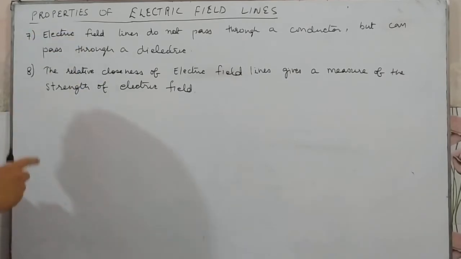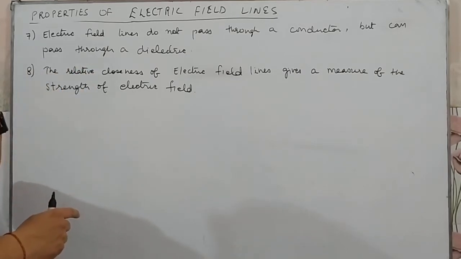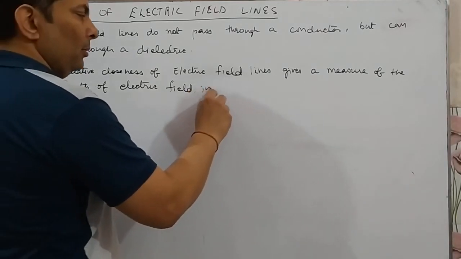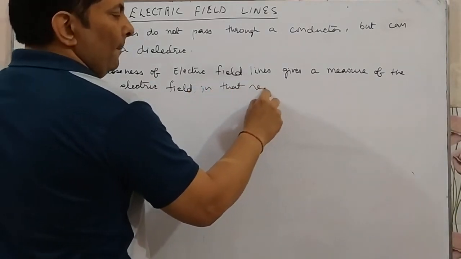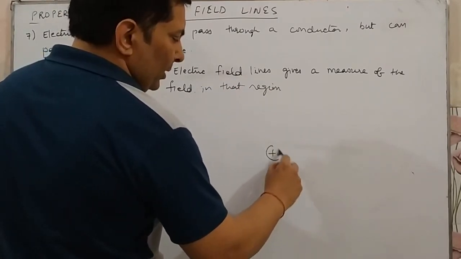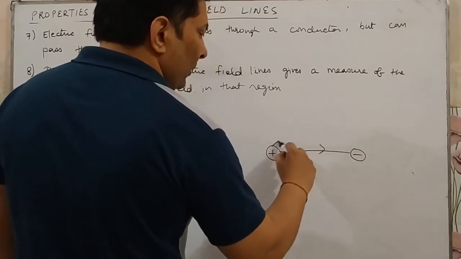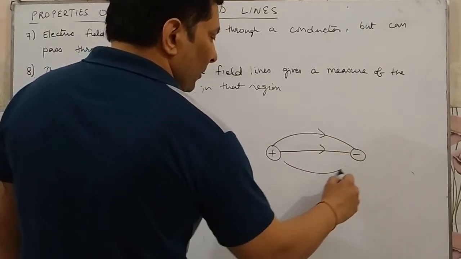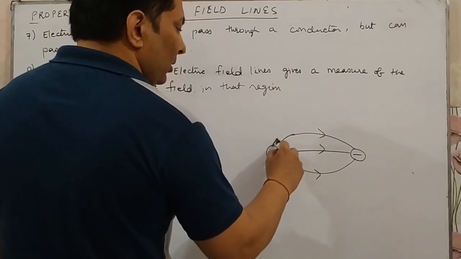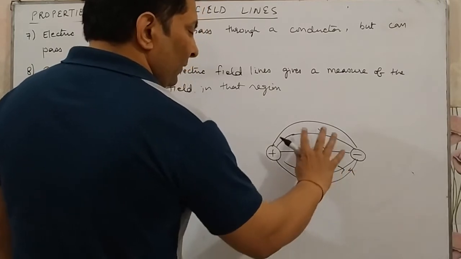Next, the relative closeness of the electric field lines gives a measure of the strength of the electric field in that region. See how? Suppose I take the example of an arrangement of positive and negative charges. The electric field lines are more in that region, which means the electric field is stronger here.